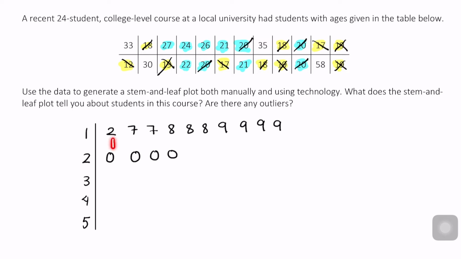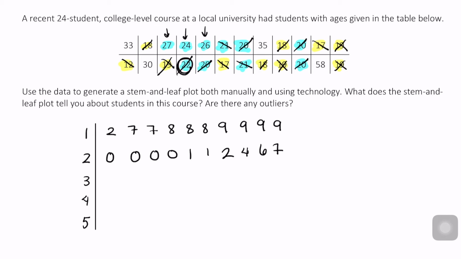And if you notice, I'm purposely stacking numbers on top of each other. That'll really help us see the student ages and where they lie. So what's next? Next would be the 21. It's just 1 larger than 20, and there are two of those. So I'm going to write 1, 1. Next is 22, and I only see one 22 here. The next smallest numbers are 24, then 26, and 27.